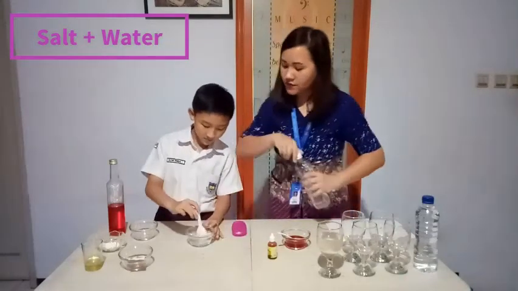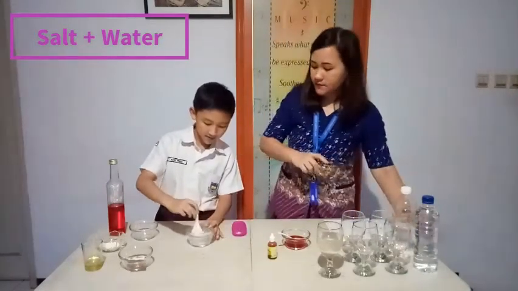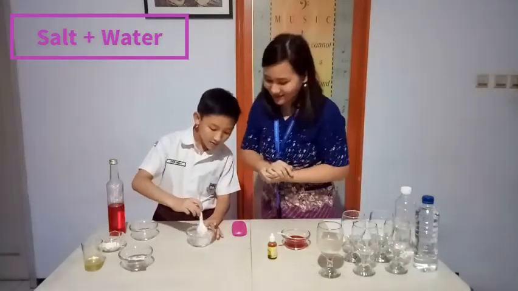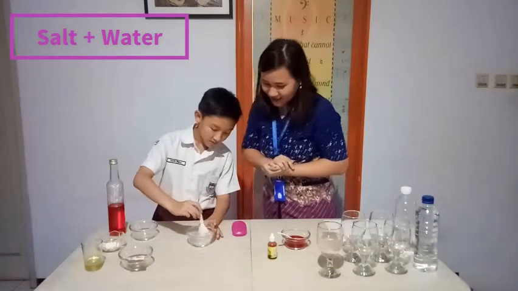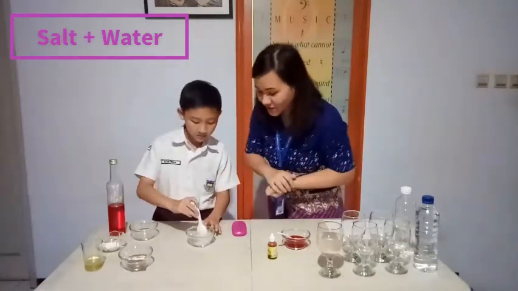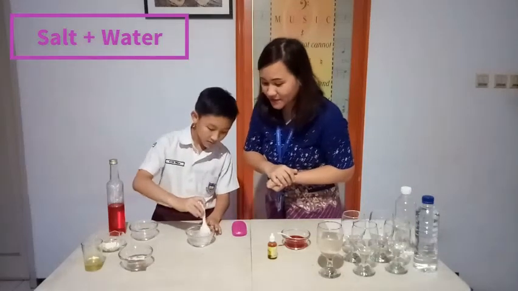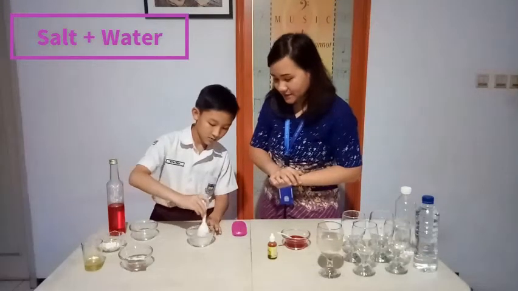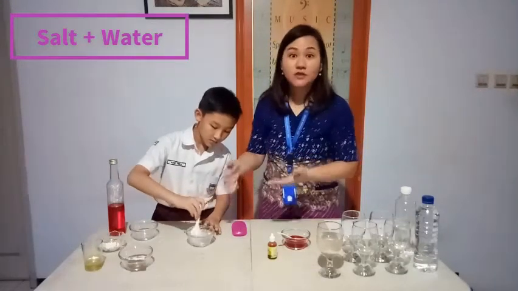Okay, Keo, can you stir it for me? Just slowly so it doesn't spill. Let's see. Can you keep stirring it? It might take some time. Keo keeps stirring it.